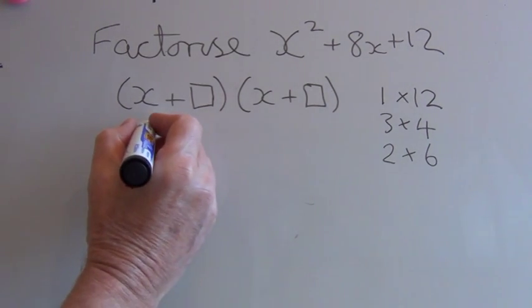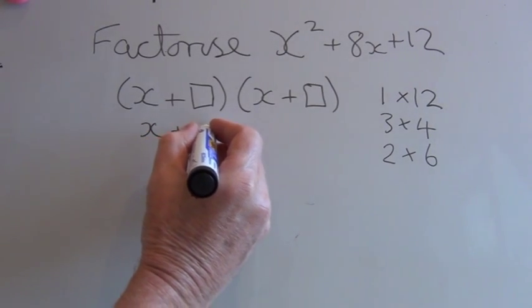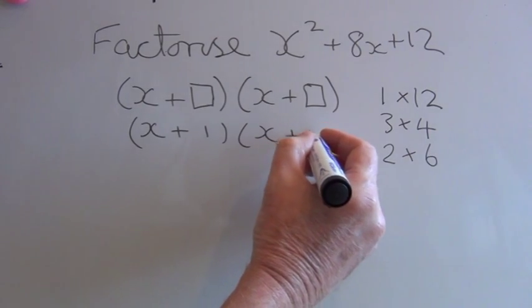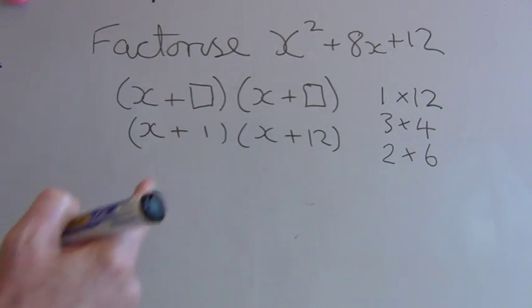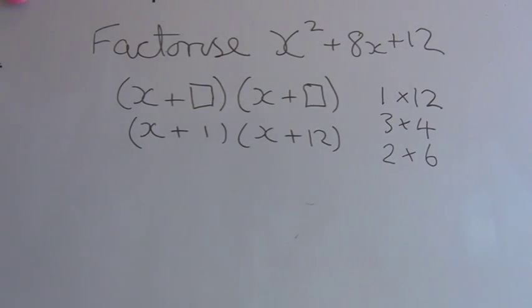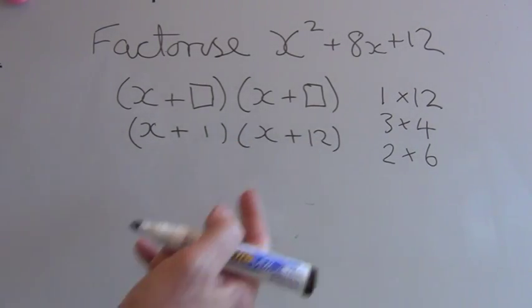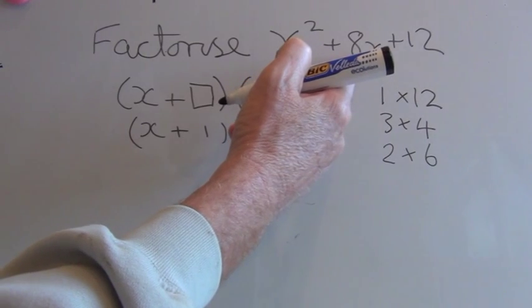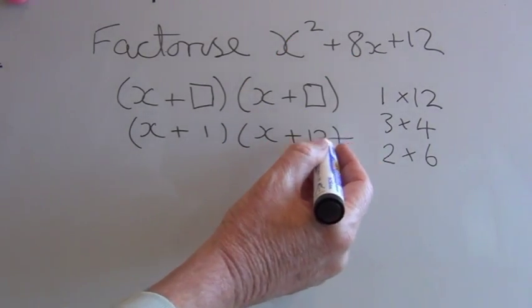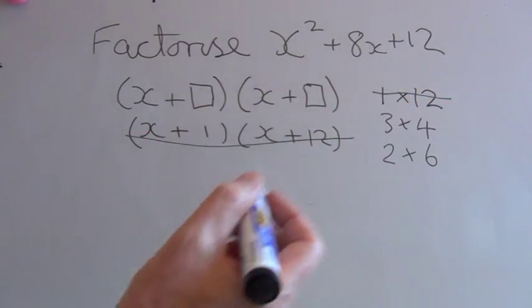So let's start by saying x plus 1 and x plus 12. Now 1 times x is x, 12 times x is 12x. Add them together, so we've got 13x, and the coefficient b that we're looking for is 8, so this one is no good, so that's that one out.